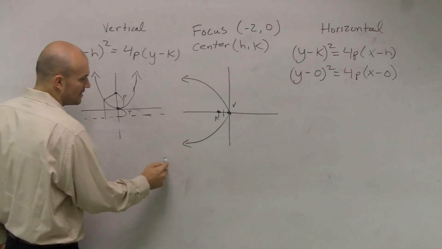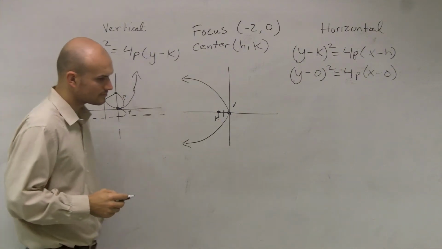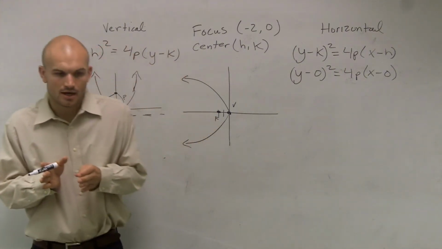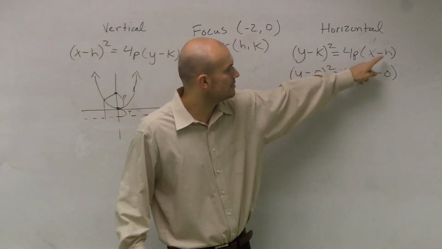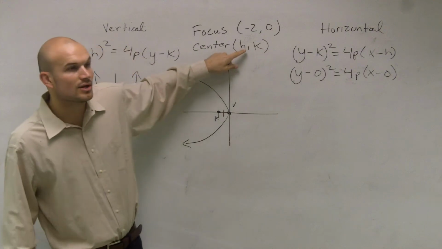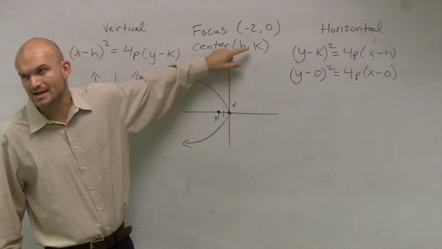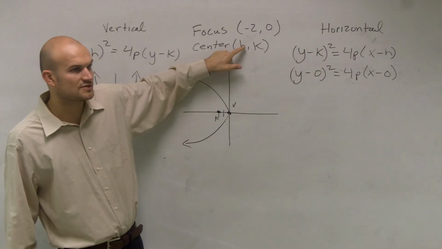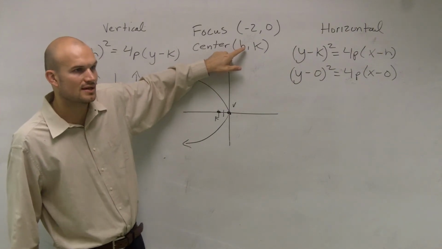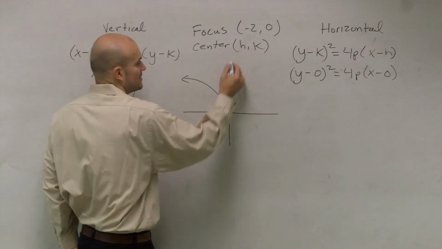When we take our center and want to find the focus, it's going to be my h coordinate plus p. If I took h plus p and I get -2, then 0 plus p has to be -2.